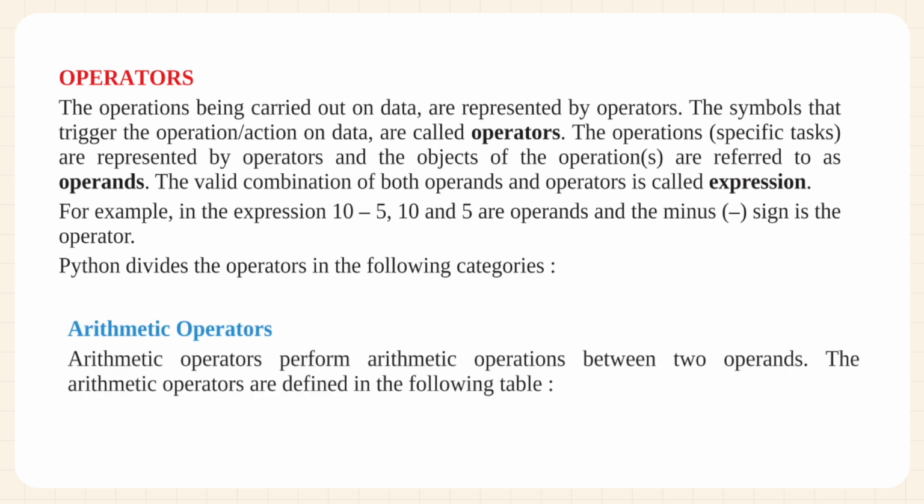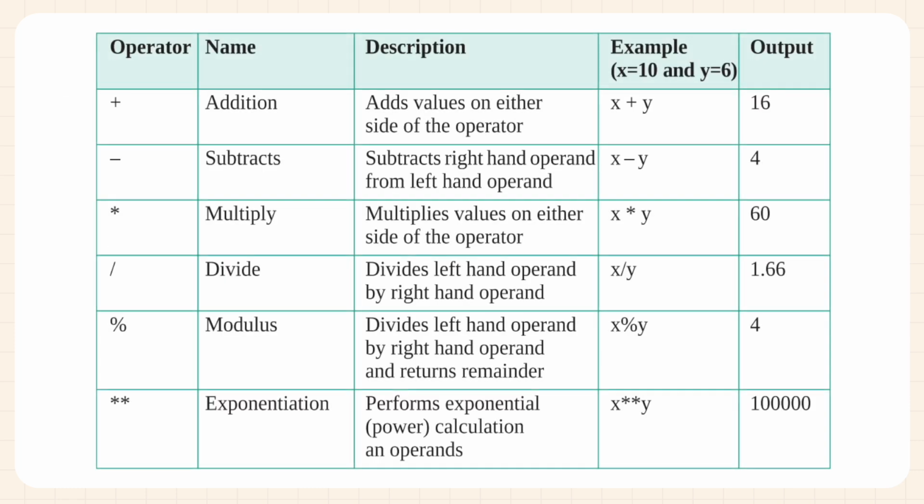Arithmetic operators. Arithmetic operators perform arithmetic operations between two operands. The arithmetic operators are defined in the following table. Operator, name, description, example: x = 10 and y = 6. Output: plus, addition, adds values on either side of the operator, x + y, 16.